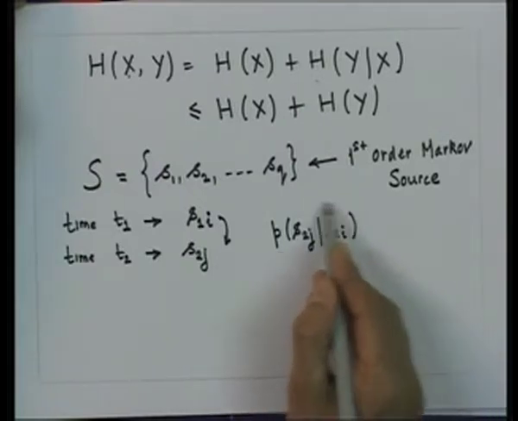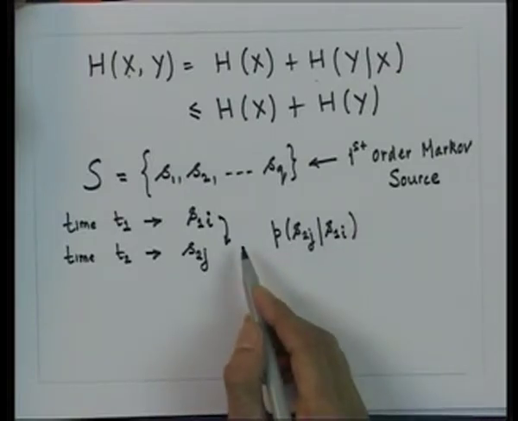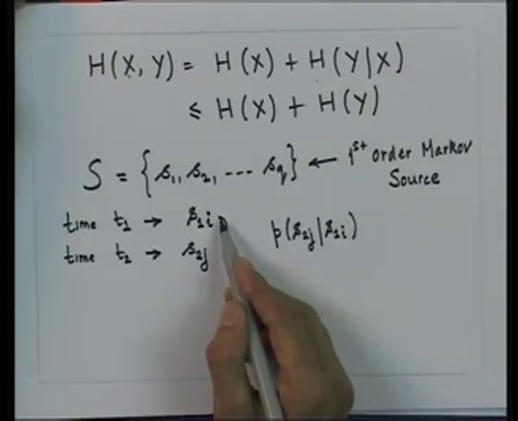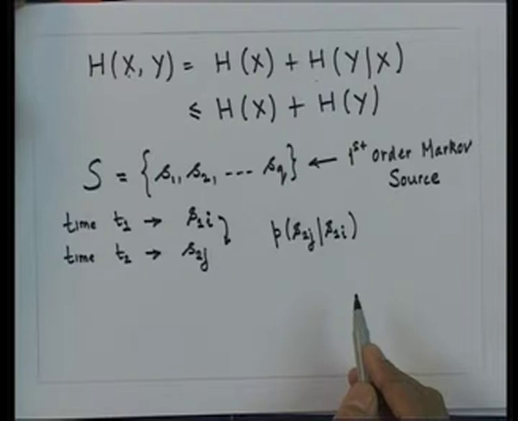So, if I have these conditional probabilities available, then I can calculate what is the information which I get when I transit from S1I to S2J.